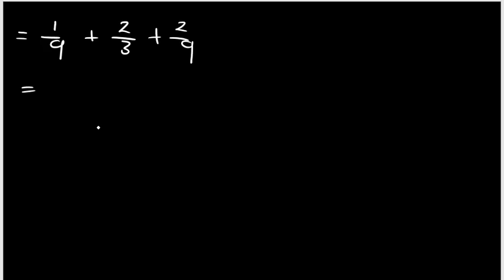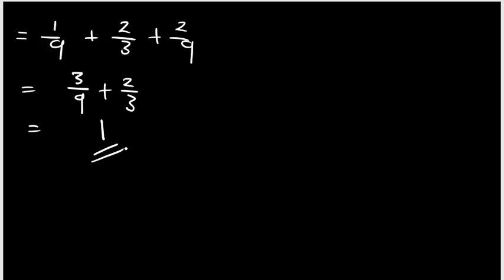So simplifying this, we are going to get 3 over 9 plus 2 over 3, which is going to give us 1, because 3 over 9 is going to give us 1 over 3, and 1 over 3 plus 2 over 3 is going to give us 3 over 3, which is 1.